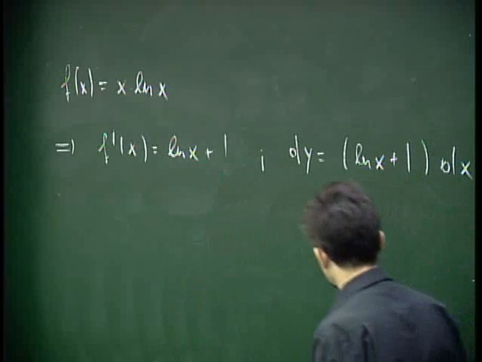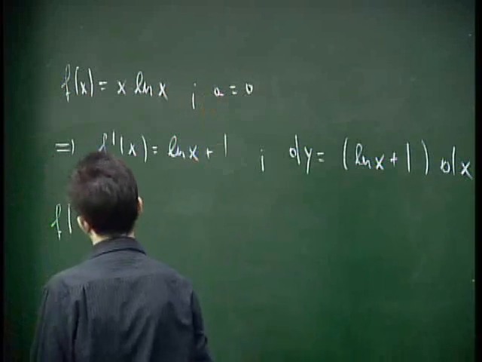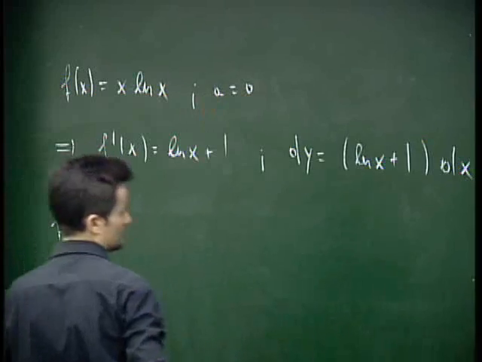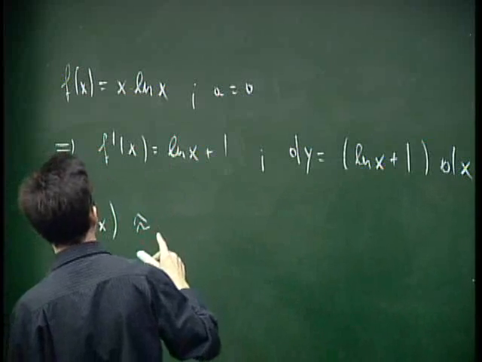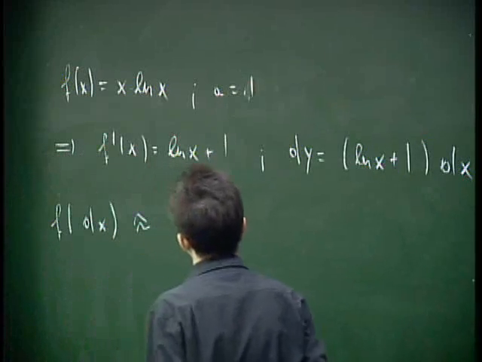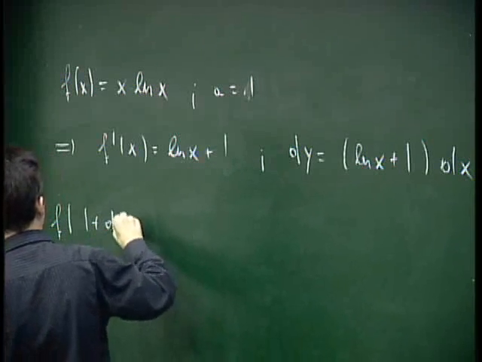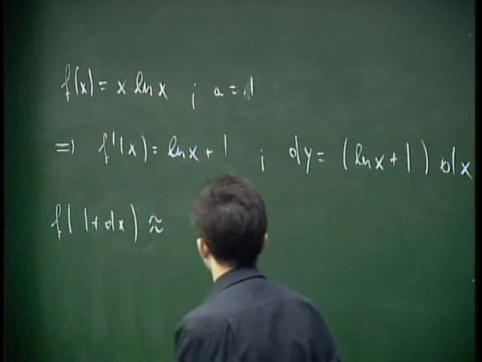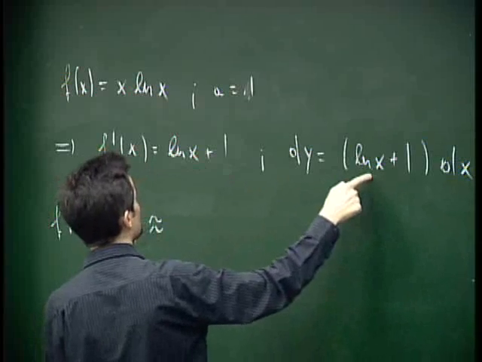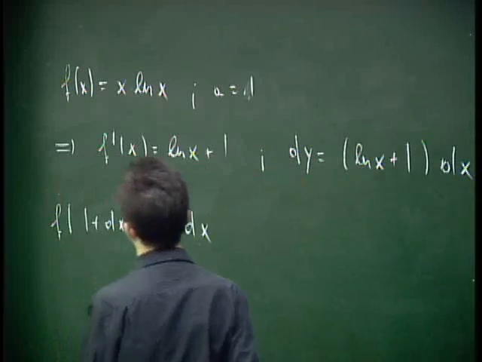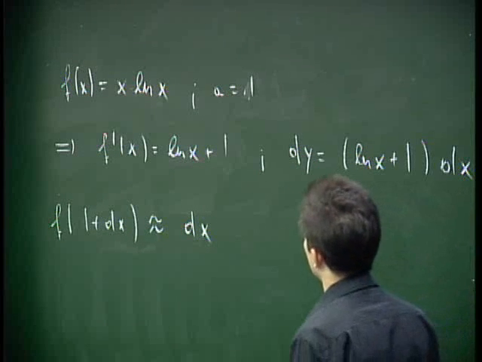And our tangent line approximation at a equal to 1 becomes f of 1 plus dx is roughly f of a, which is equal to 0, plus this here evaluated at 1 times dx. The same as we had before.